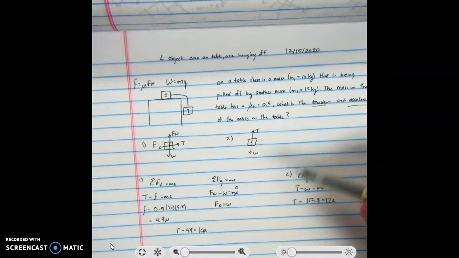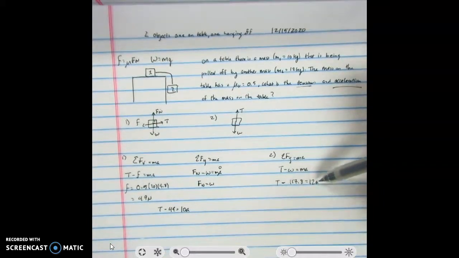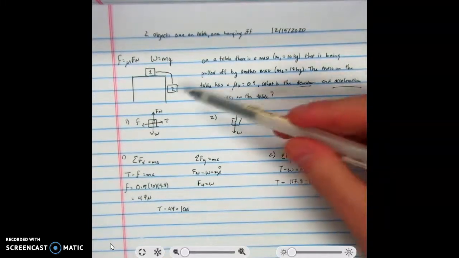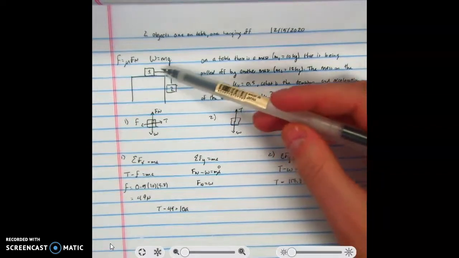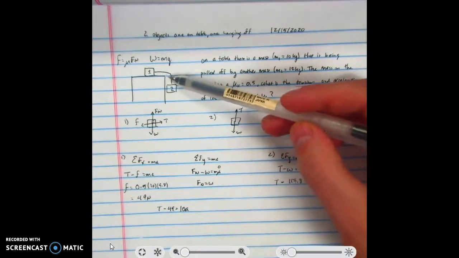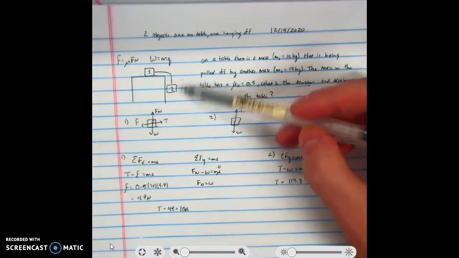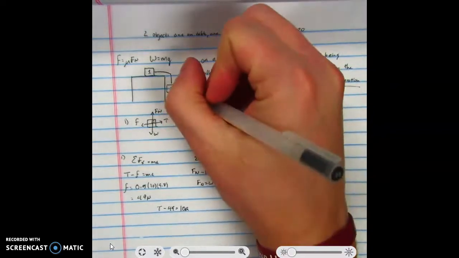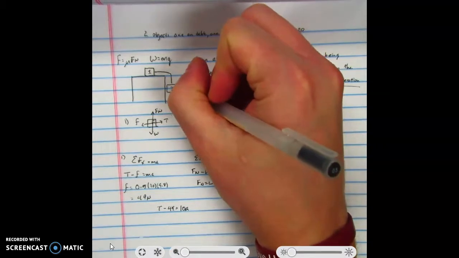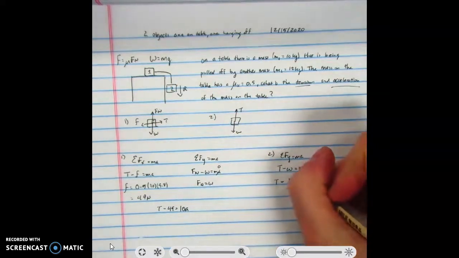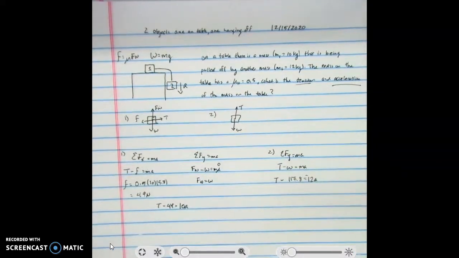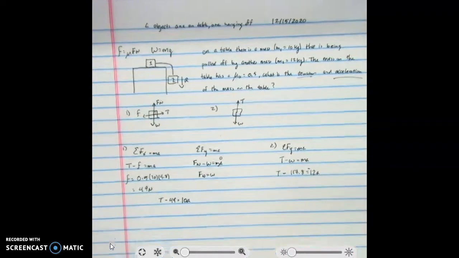Actually, let's talk about this 12A for a second. If object 1's being pulled to the right, that means object 2 has to be dropping down. So object 2 is going to have an acceleration that goes down, which means it's going to be a negative 12A. That's important.